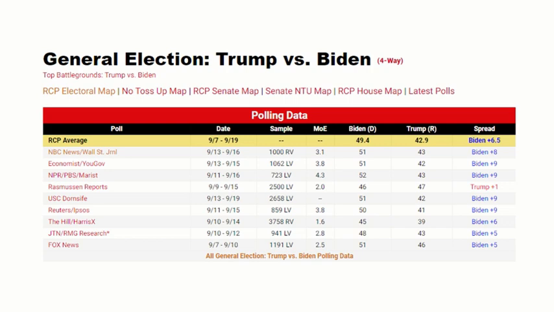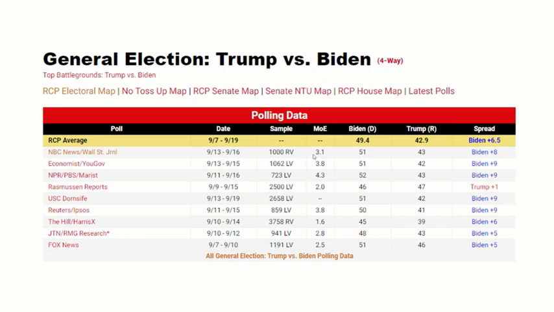Once survey researchers survey respondents, they make estimates of each candidate's vote share. Note that they do not make point estimates or precise estimates. Instead, they make estimates within a range. This is where the MOE, or margin of error, comes in. For example, the NBC News poll has Biden at 51% with a margin of error of 3.1.